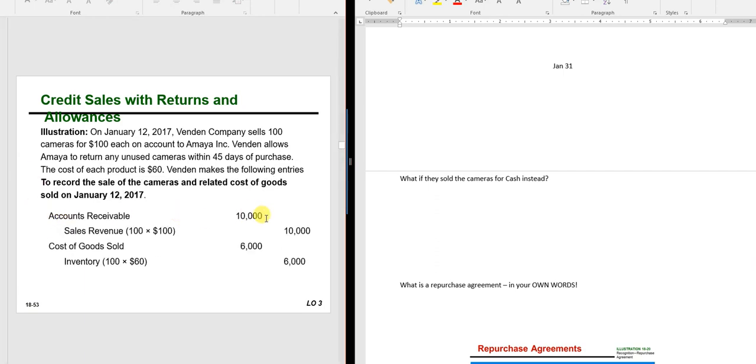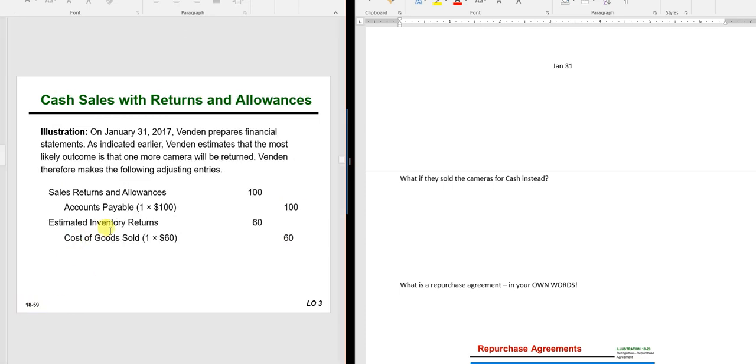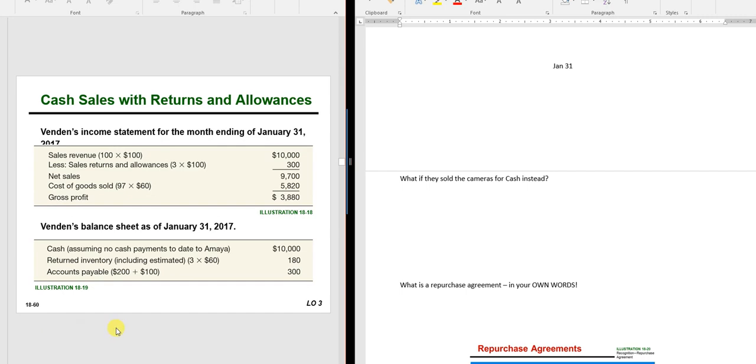So now instead of owing me $10,000, they owe me $10,000 less $200. Just going to have them not pay their full bill. Whereas in this one, they've already paid me, so I owe them some of their money back. Okay, and so you can see that I've got a little bit different balance sheet, but it's just T accounts of the items.